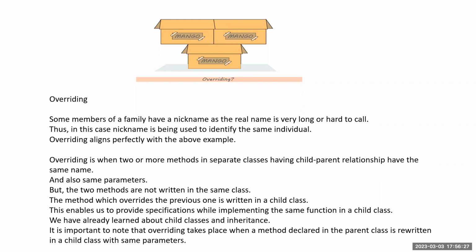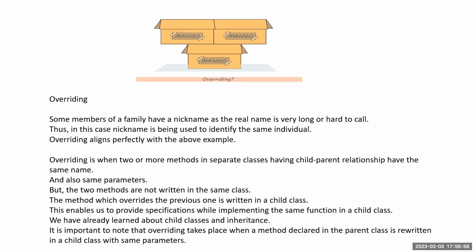Okay, so overriding aligns perfectly with the above example. So what exactly does it do? When two or more methods in separate classes having a parent-child relationship between them have the same name and also the same parameters, the two methods are not written in the same class.